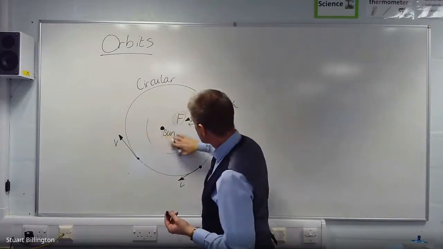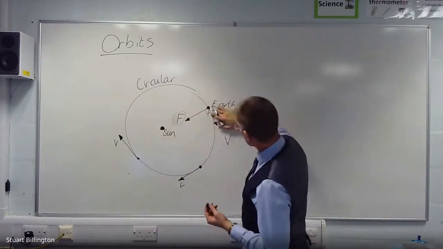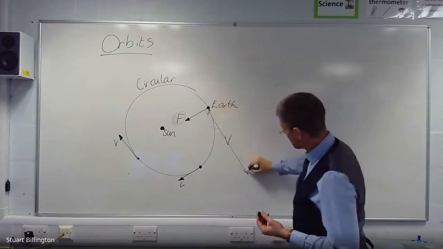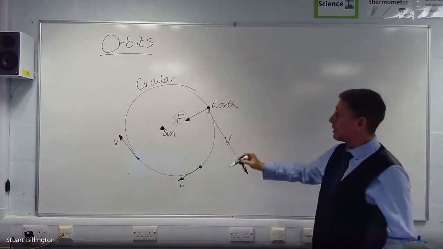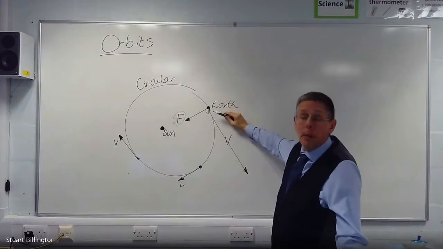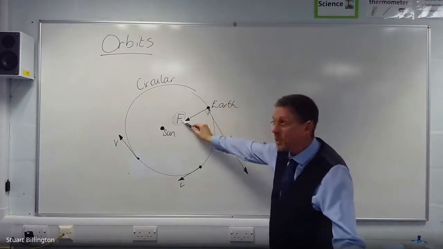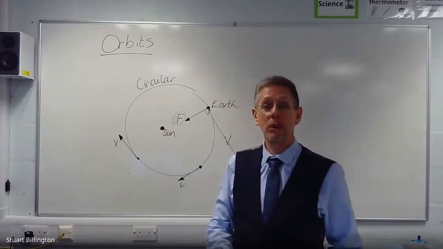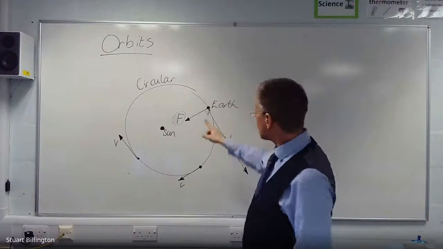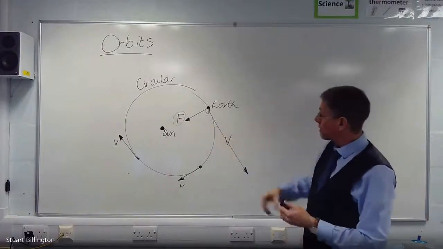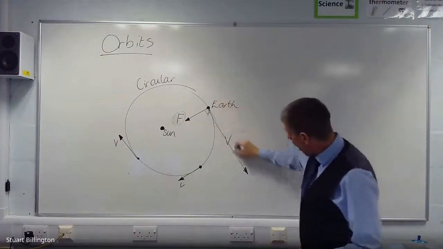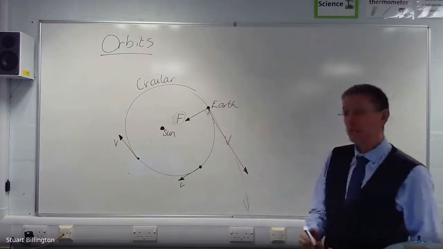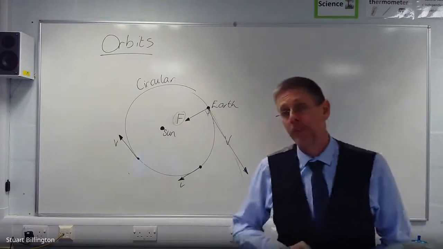Or if this object travels too fast, well, it needs a way bigger force to hold onto it. But there's only that much force because it's that separation from the orbited object. So if there isn't enough force to hang on to it, the opposite will happen. Off it'll fly into space, disappear, never to be seen again.